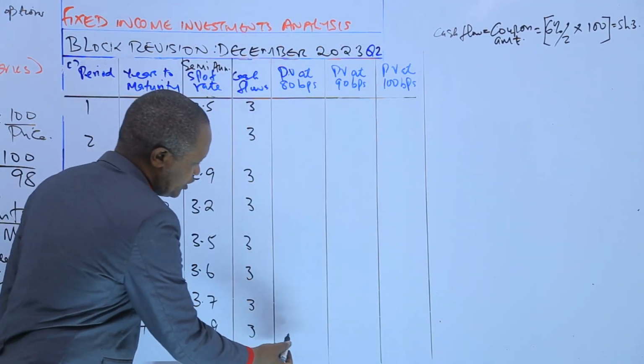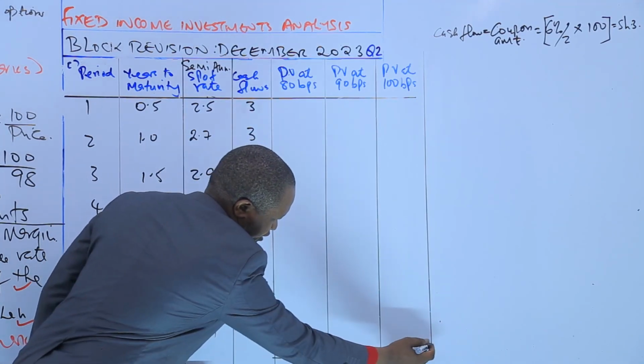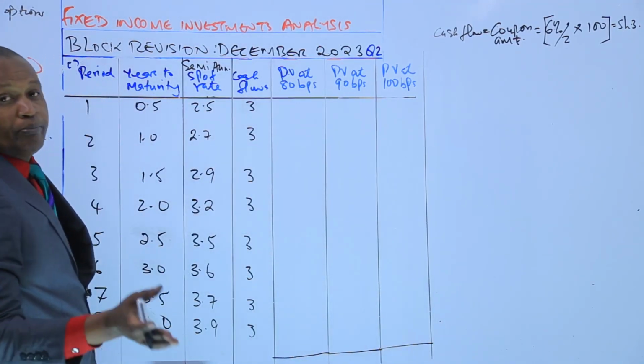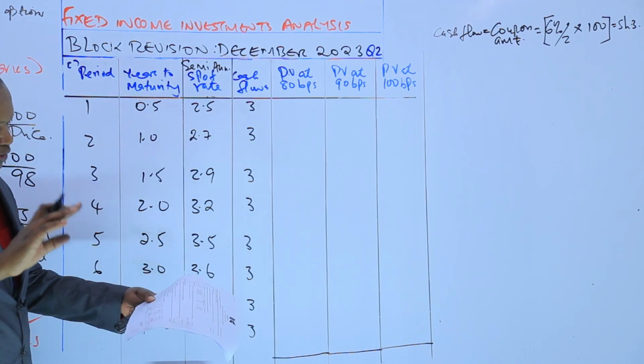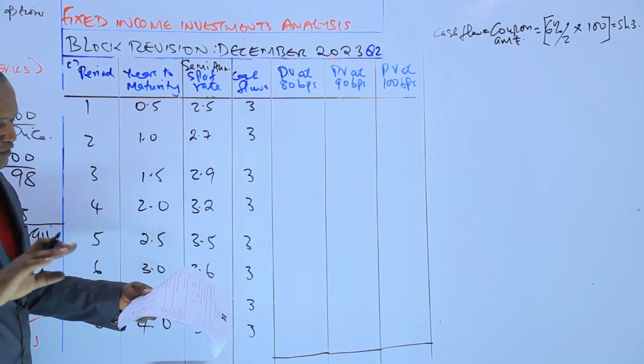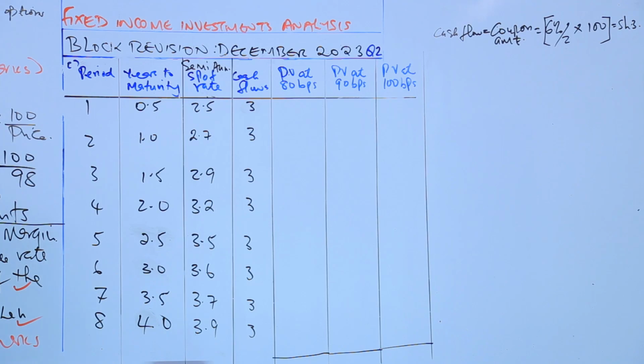Then the answers we are going to get down here, we will then compare with the non-treasury bond's price. So the one that will be equal to the 91.4083 shillings, that will be the spread. That will be the answer that we are looking for. Do you understand? And that's the formula.